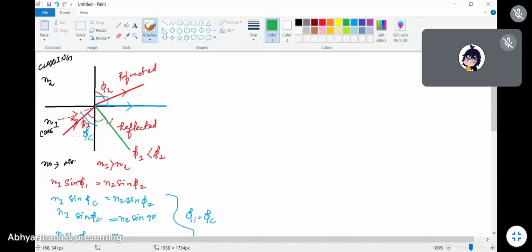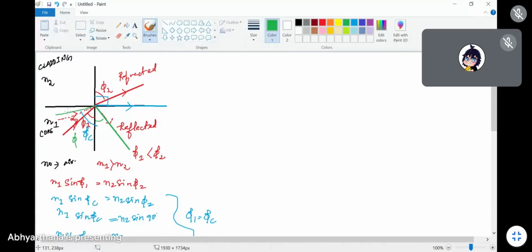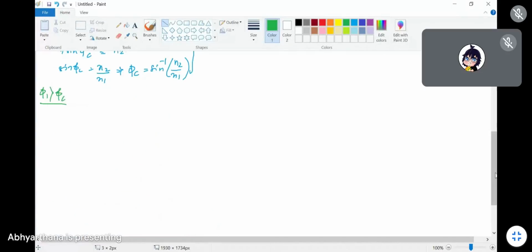That means if this angle is phi and you go on further increasing, in a similar manner the same angle at which it will be phi, this will be reflecting. If this is the incident angle, this will be your reflecting angle, right? And that is called your total internal reflection.